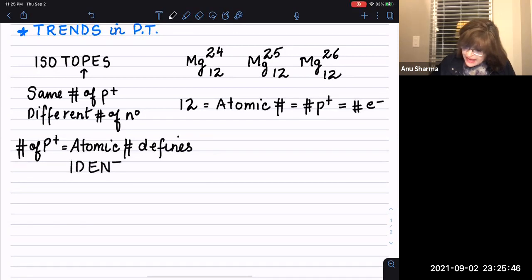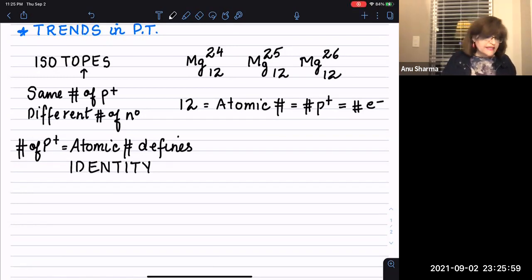So 12 is always going to be associated with magnesium. But if it is 13, then it becomes aluminum. And if it is 11, then it becomes sodium. So the whole thing changes.